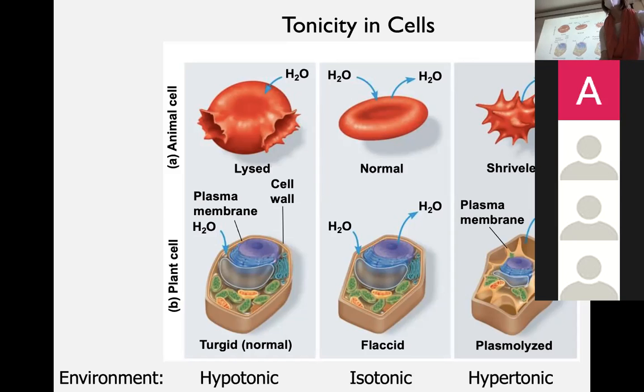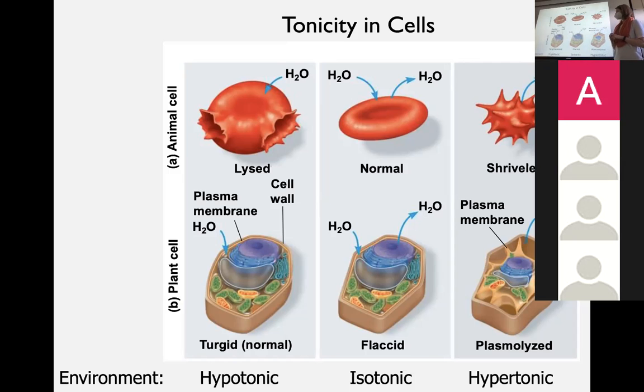That makes it easier to understand how much solute there is inside of a cell versus outside of a cell. That's going to determine where water is going. Is it going into the cell, or is it pouring out of the cell? Or is it evenly going in and out? Is it balancing, basically?